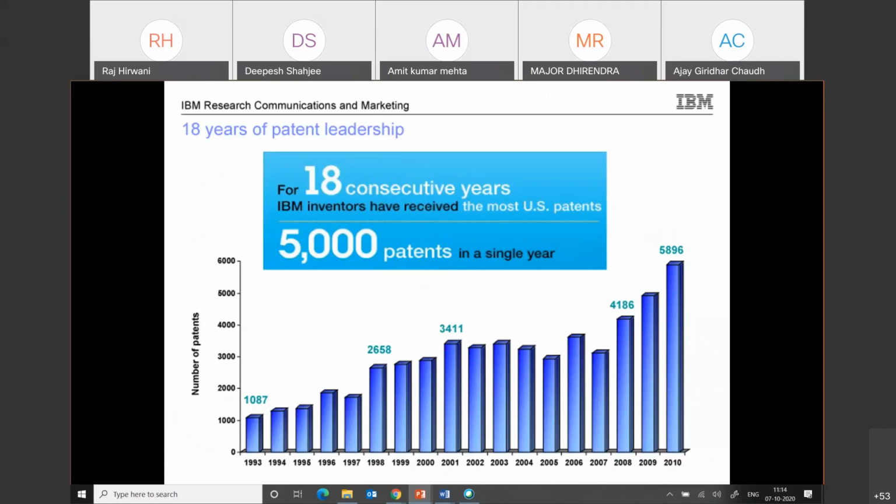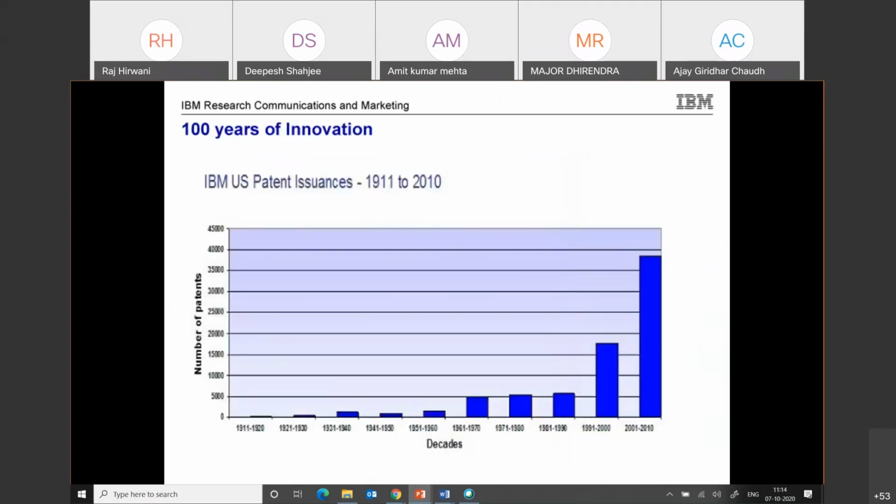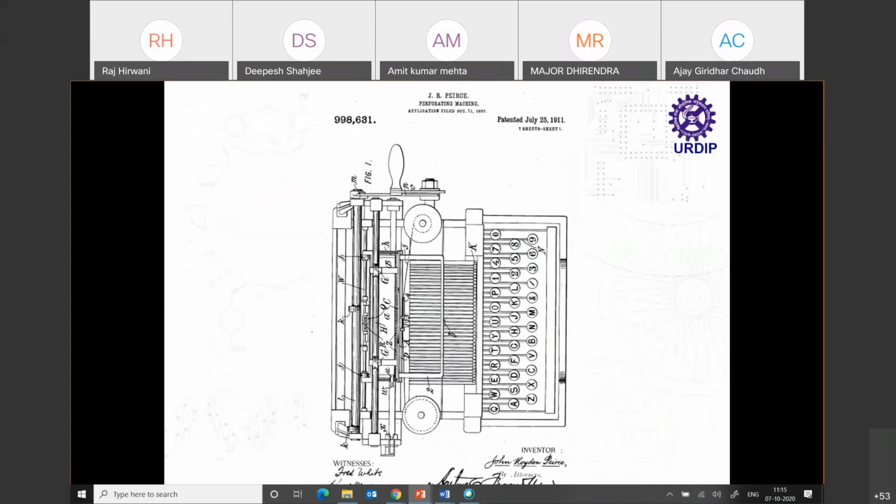The patent was from 1911, and you can see in the last 30 years, volume has gone up. Patent of 1911, I don't know, all of you are young people, so the first generation of cards which used to be fed to the machine, those cards used to be punched. One of that punch.